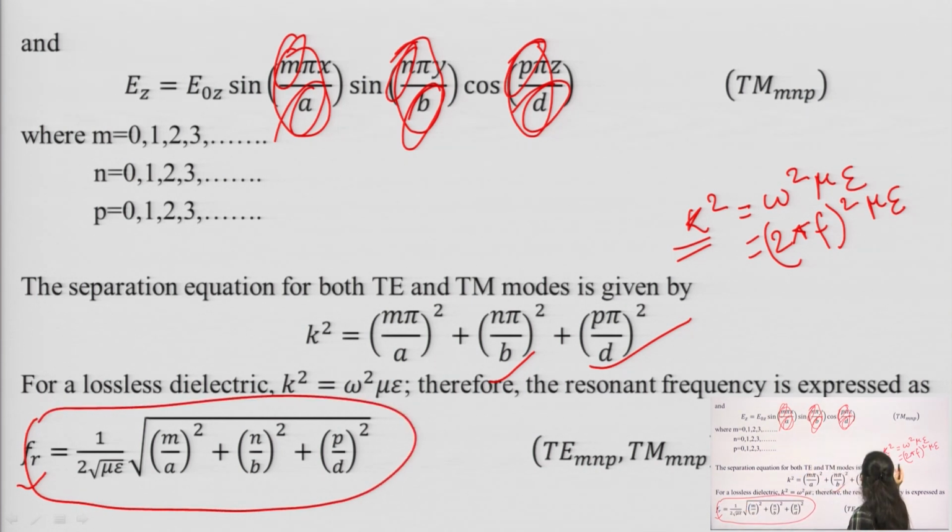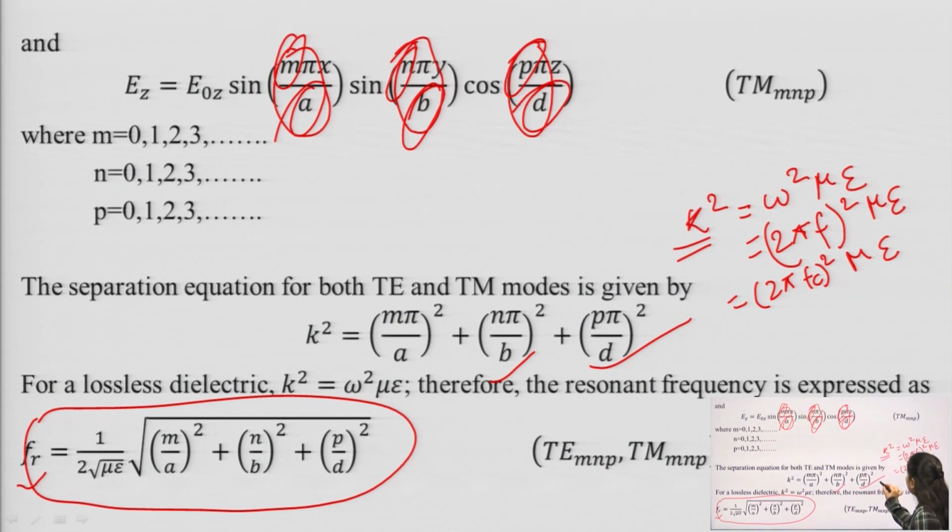If you want to solve, this is a very simple problem. The k value is already known to you. This is equal to (2πfc)²με, and this is the k.